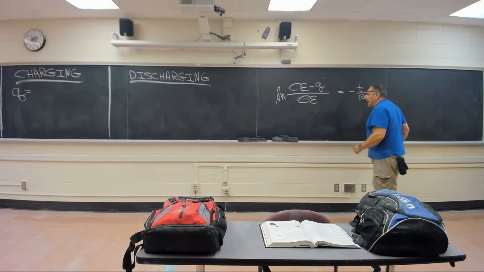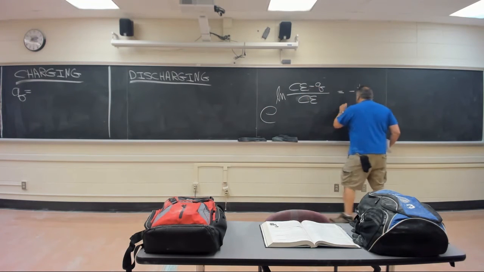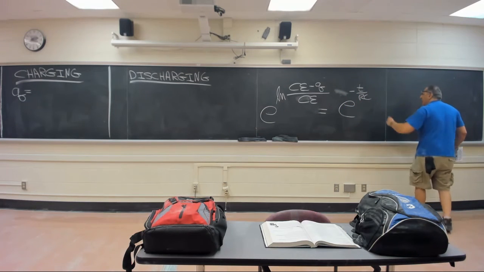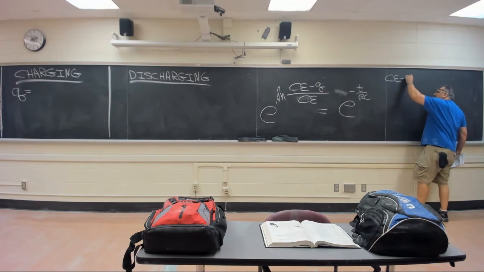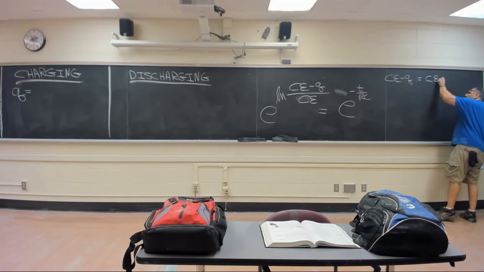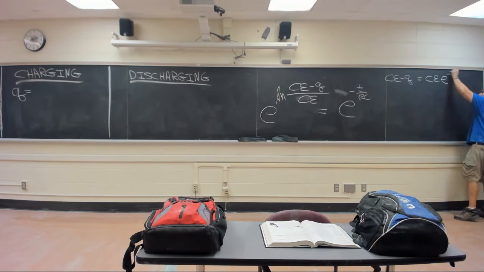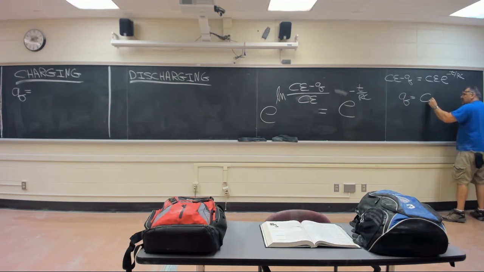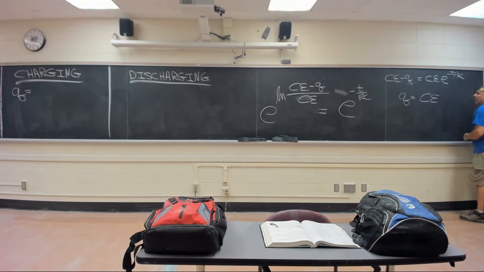True. We exponentiated each side, set them equal to each other. CE minus Q, we set them equal to each other, multiplied by CE on each side. Solve for Q, and we got CE times 1 minus e to the negative t over RC.